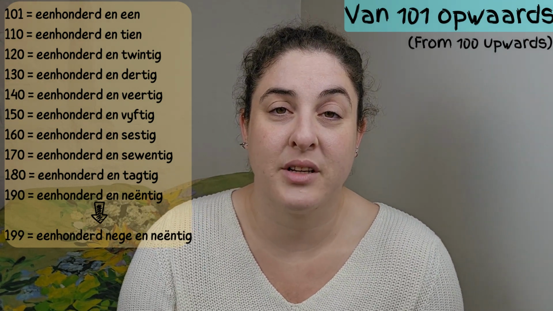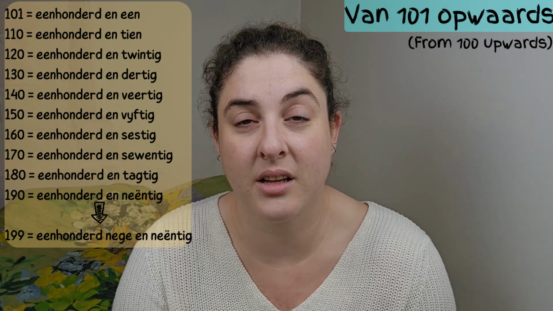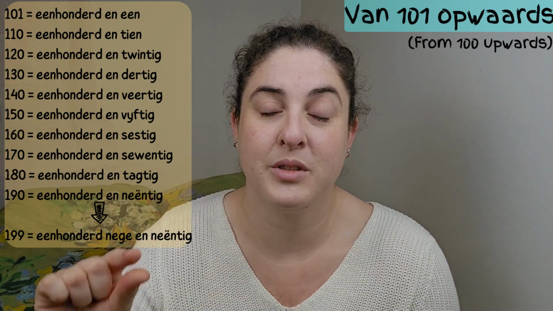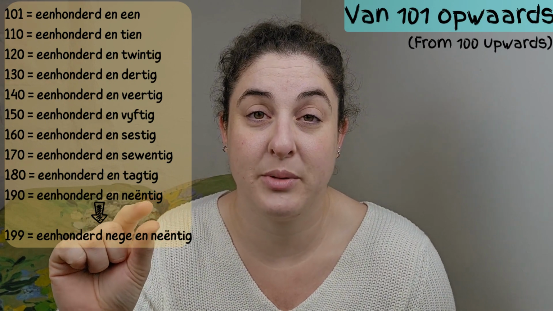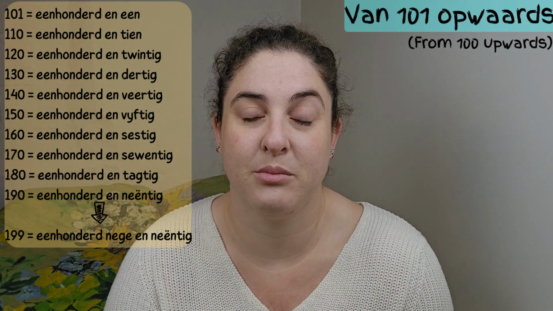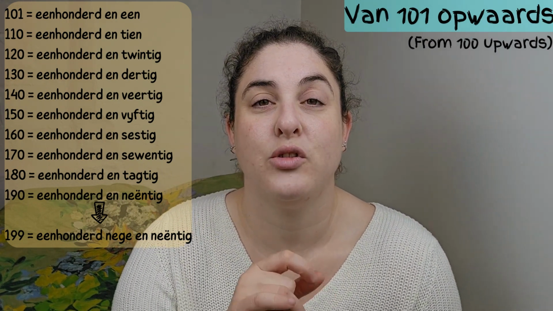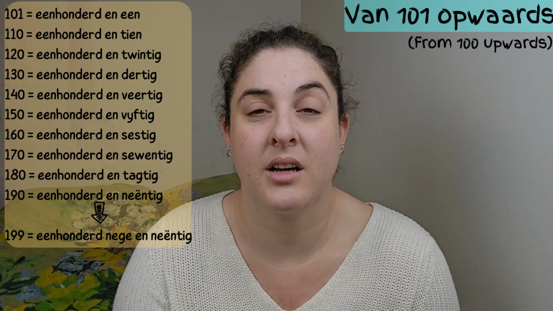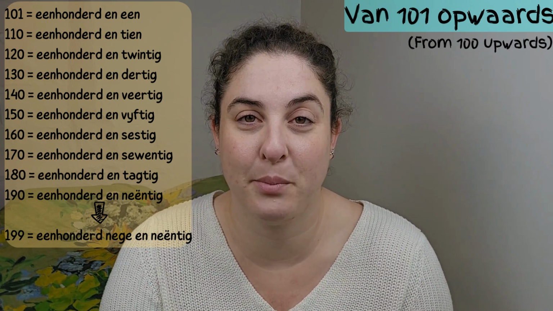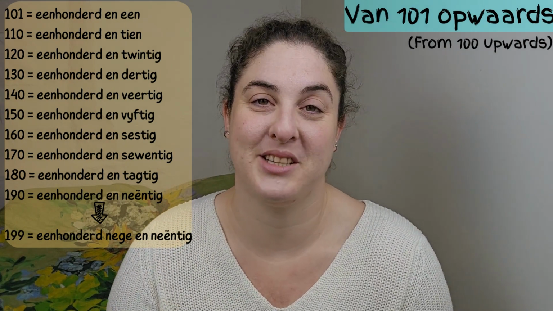But if you have 288, the N has now moved between the 80 and the 8, and it's not after the 200 anymore. So then it becomes 288. But this will become a little bit more clear in the clips that follow.